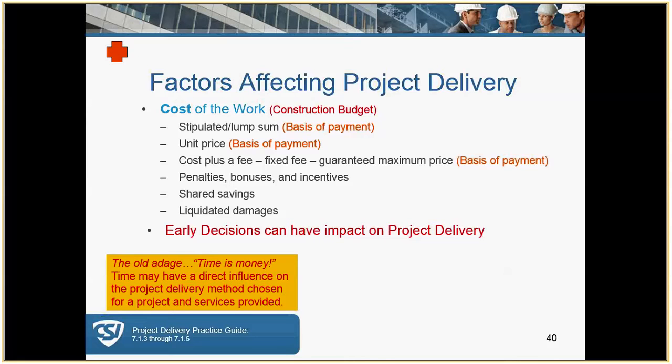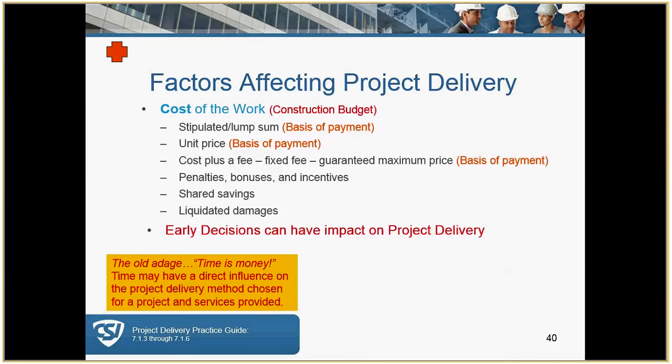You have a stipulated lump sum, you have a unit price, you have a cost plus fee, fixed fee, and a guaranteed maximum price, penalties, bonuses, incentives, shared savings, liquidated damages. These are all things that you need to understand, and you need to understand how penalties, bonuses, and incentives might affect which project delivery system that you use.